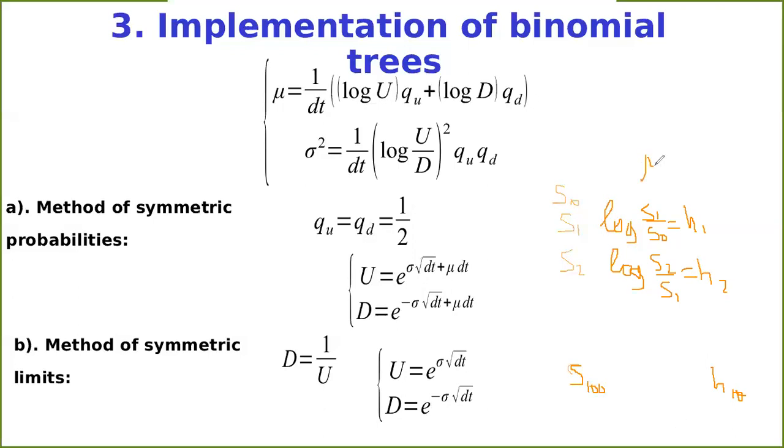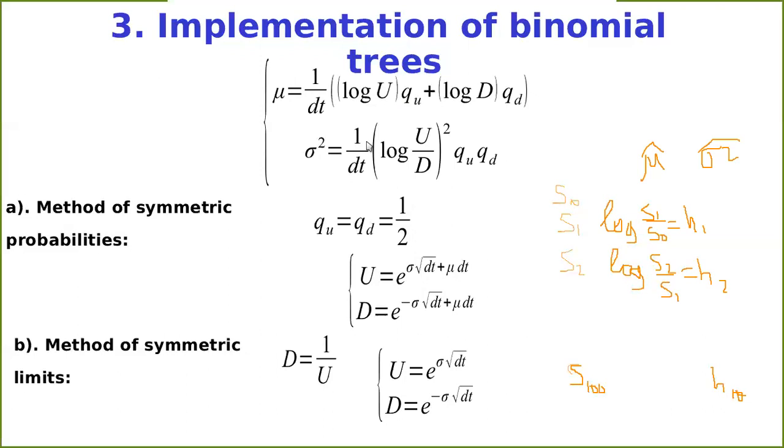And we can find the variance, and it will be sigma square. And we can substitute in this system. It is a real value from real historical data, and we can solve this system.